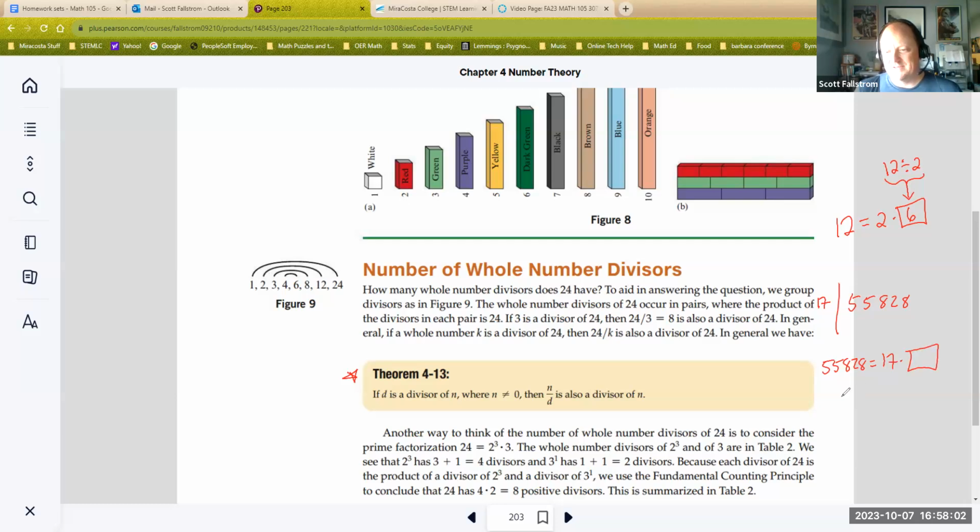That number is what I get when I do 55,828 divided by 17. So if I do that, I get 3,284. So basically this number right here is 55,828 divided by 17. And that's how I get 3,284.